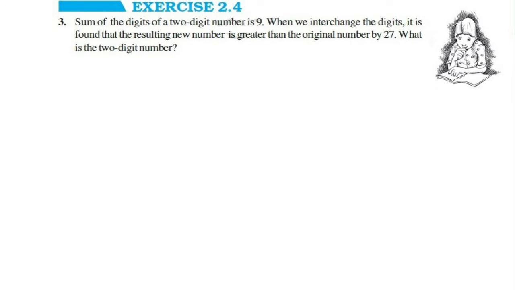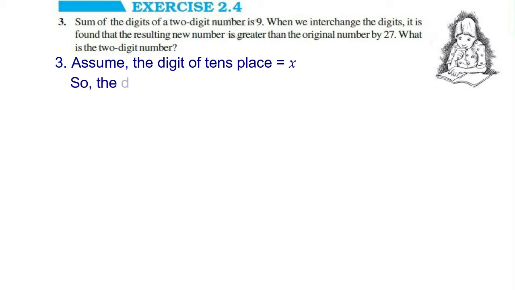The sum of the digits of a 2-digit number is 9. When we interchange the digits, it is found that the resulting new number is greater than the original number by 27. What is the 2-digit number? So first we assume the digit at the tens place is x. So as per the problem, the digit at the ones place will be 9 - x.